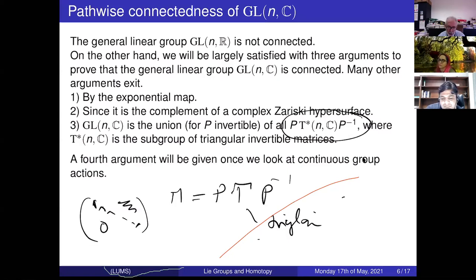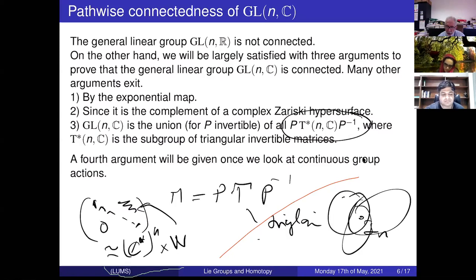Because it is the same as C star to the power n times a vector space, the strictly upper triangular matrices. And if you take the union of connected subsets which intersect non-trivially, all these sets contain the identity, and you have a lot of them which are connected, so the union is connected.